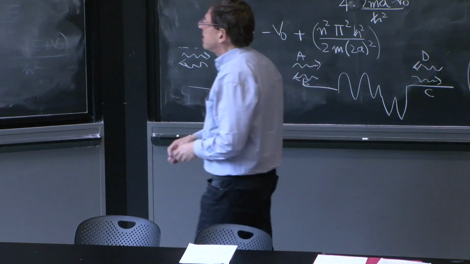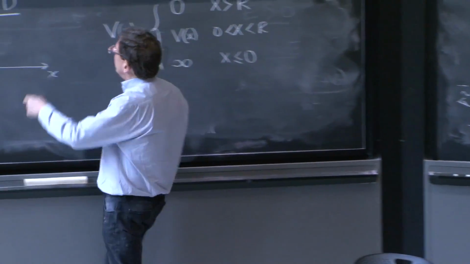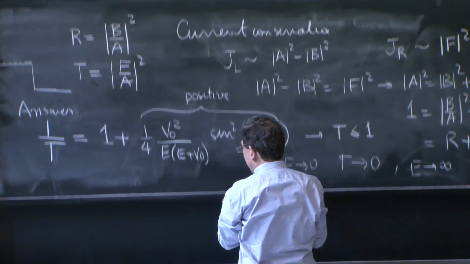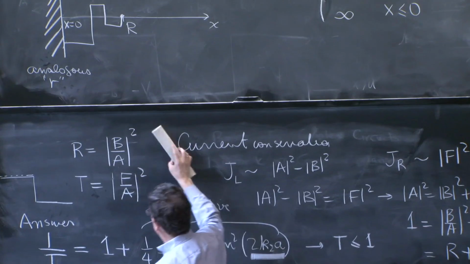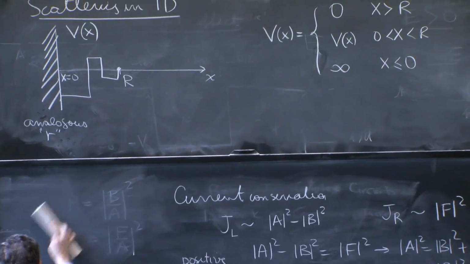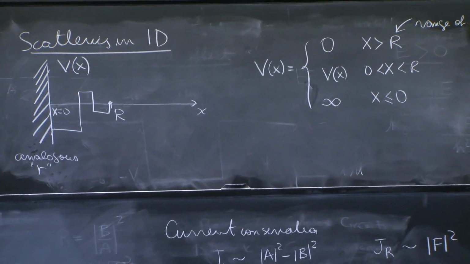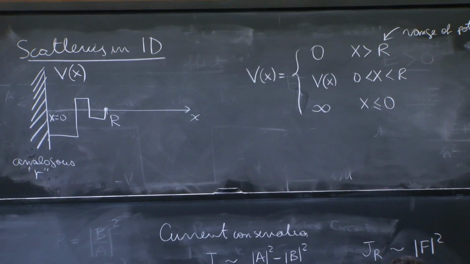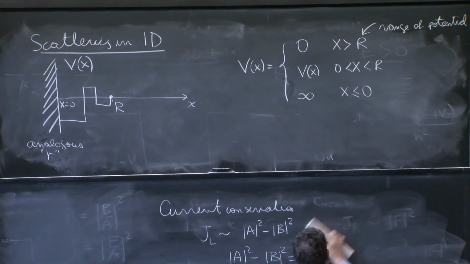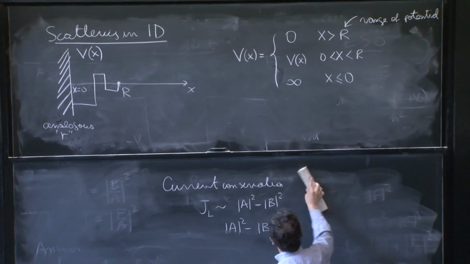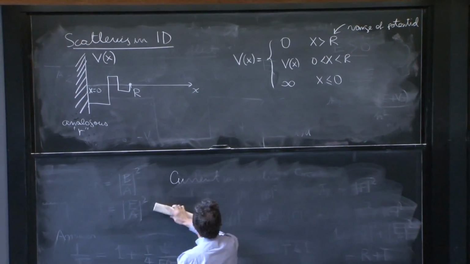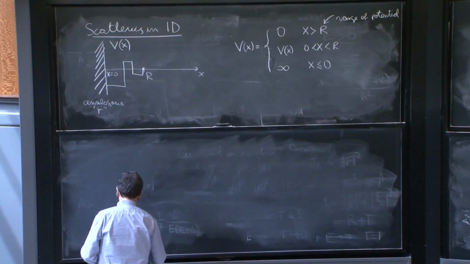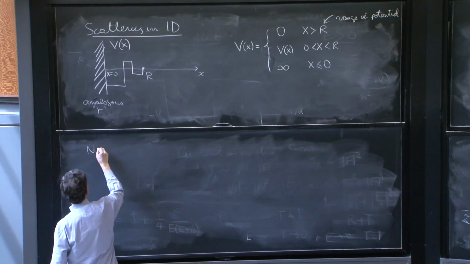To begin this, we'll solve the simplest case when you have no potential whatsoever. Now, no potential means still the barrier at x equals 0, the infinite barrier, but in between 0 and r, nothing is happening.